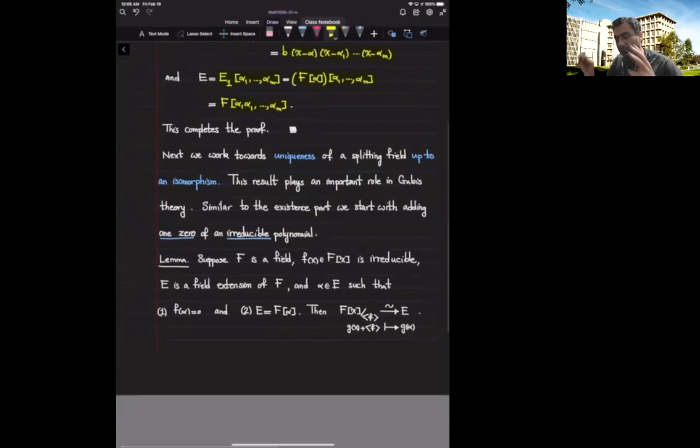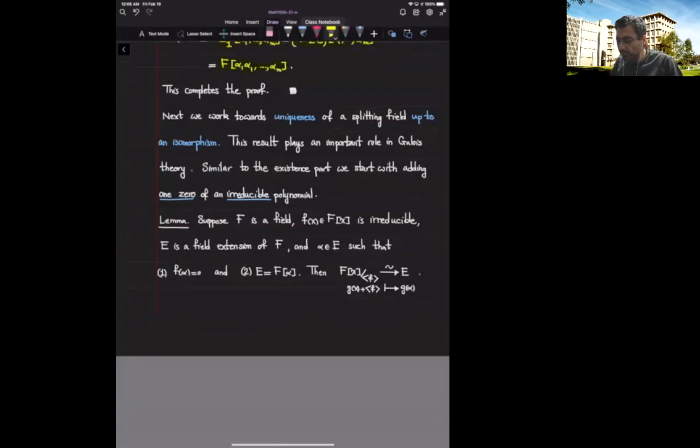Okay, so again, our goal is to, among other things, show that a splitting field up to an isomorphism is unique. But we'll show a bit more than that. Similar to the proof of existence, we start with an irreducible polynomial, and we discuss what happens when we add a single zero to the base field f.